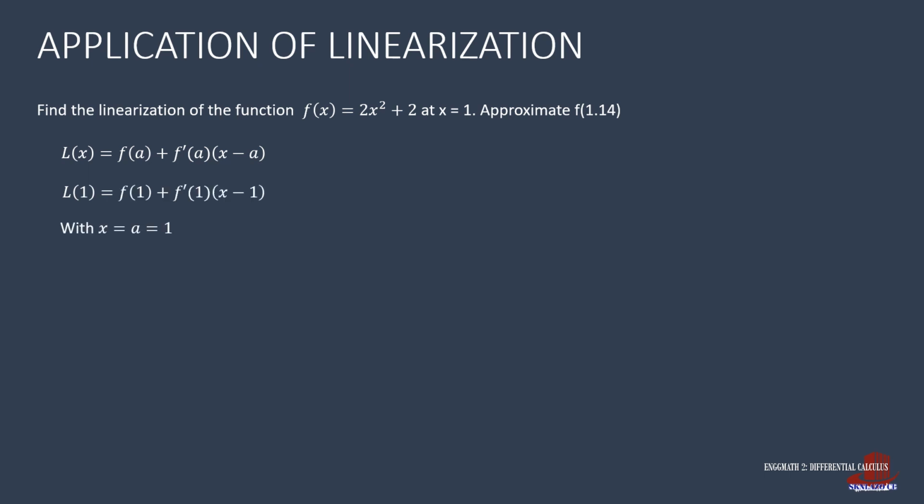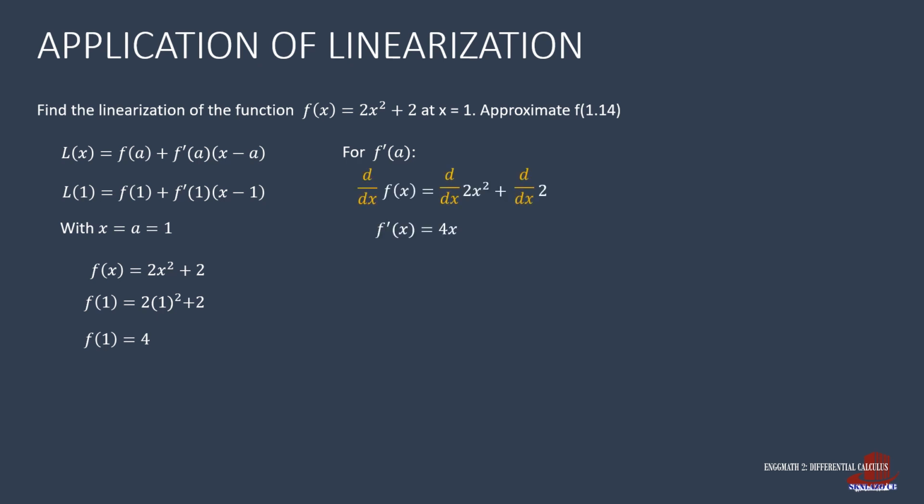The function from the premise is f of x equal to 2x squared plus 2. And when x is taken as 1, we get f of 1 becomes 2 times 1 squared plus 2, which becomes 4. For f prime of a, differentiate the function to have f prime of x as 4x.